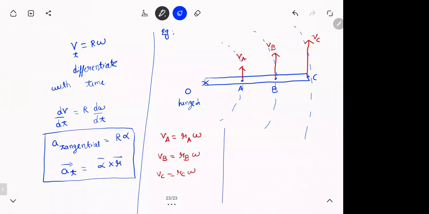Similarly, the tangential acceleration will be RA into alpha. Obviously, the farther you are, the faster you go, the more acceleration also you have. These are tangential accelerations. So basically here R is the distance from the center to that point.